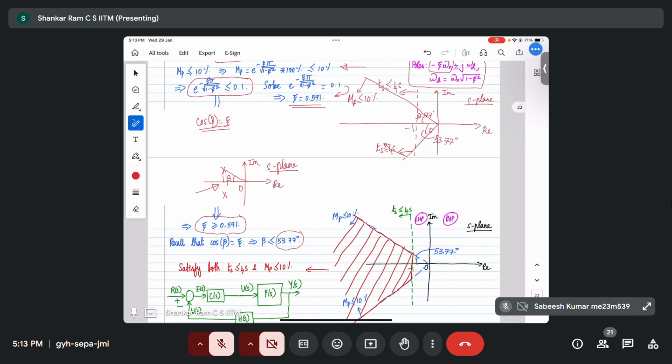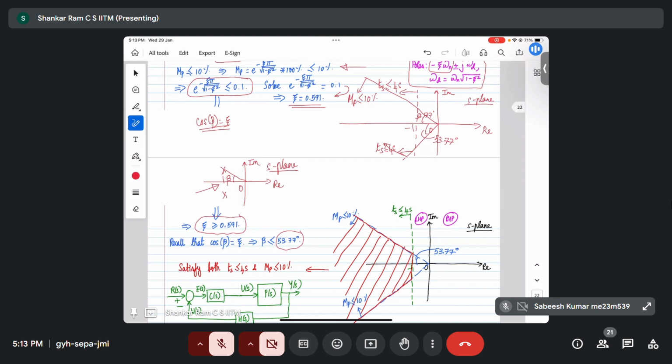From this exercise, if we draw two lines which make this angle of 53.77 with the negative real axis and look at this cone, then as long as the poles are within this cone, the peak overshoot condition is satisfied. Now we want both conditions to be satisfied.